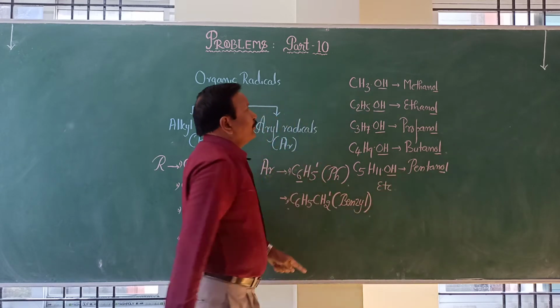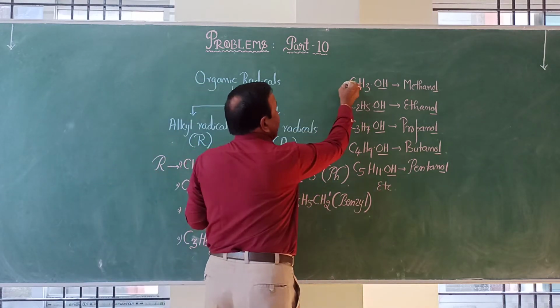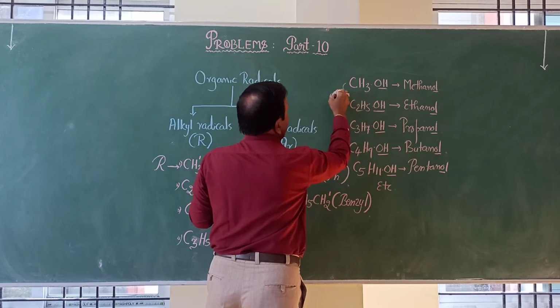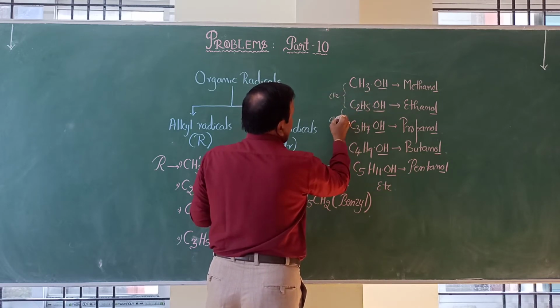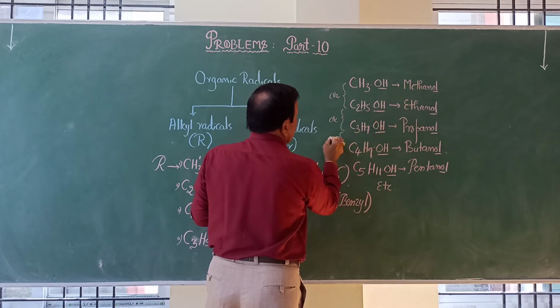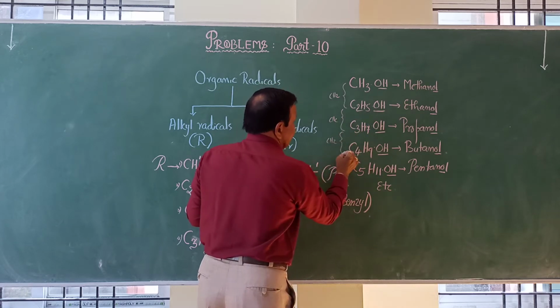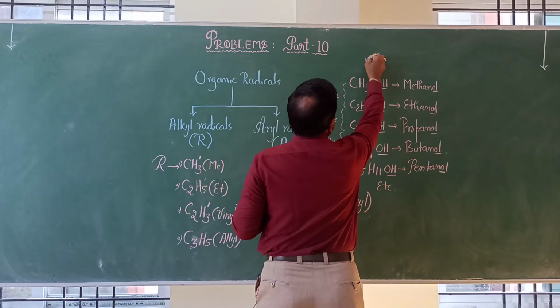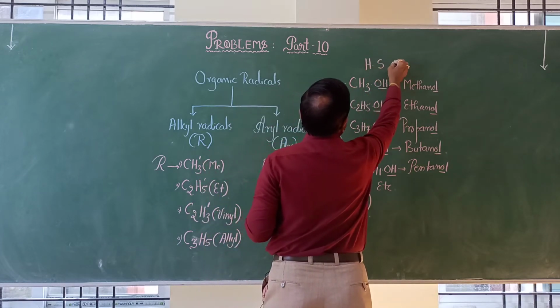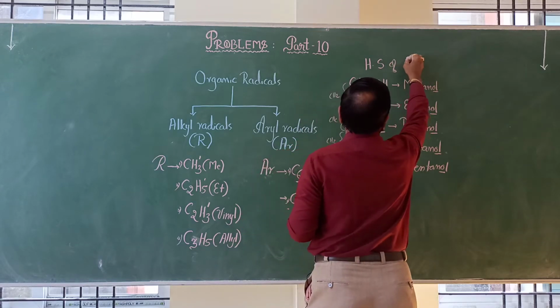The difference is CH2 group, and this difference will be a CH2 group. So this is called homologous series of alcohols.